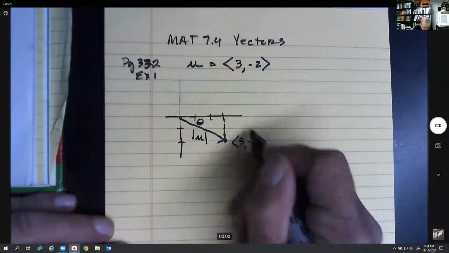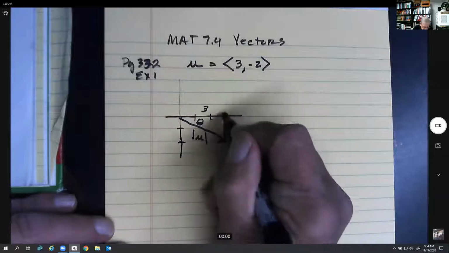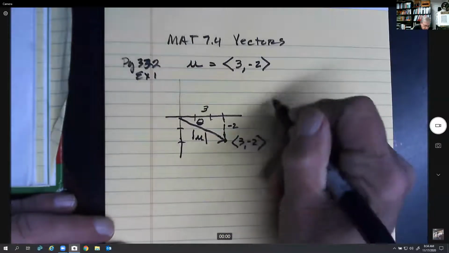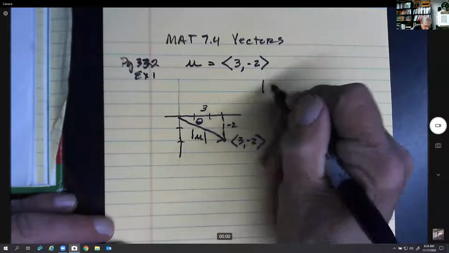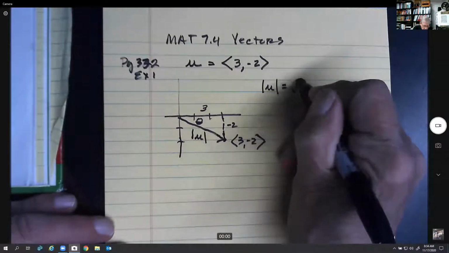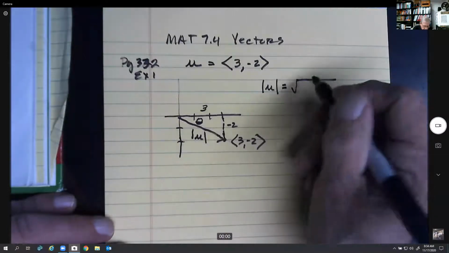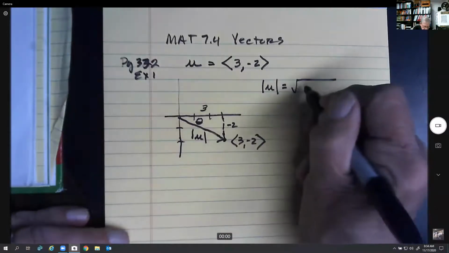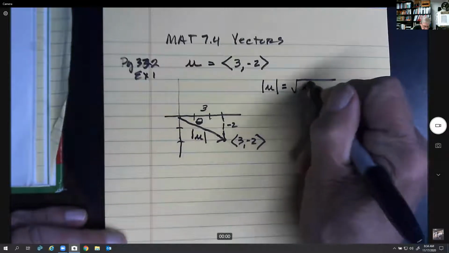This distance right here is 3, right? This distance right here is a -2. So the magnitude of this vector is simply the square root of x squared plus y squared, which is, well, we just write it down.